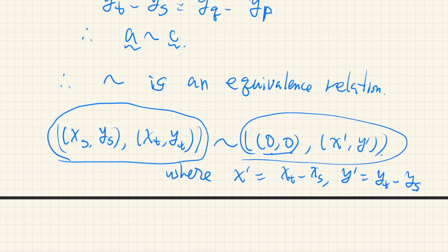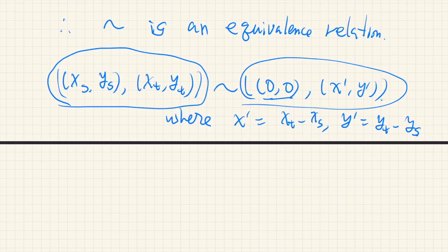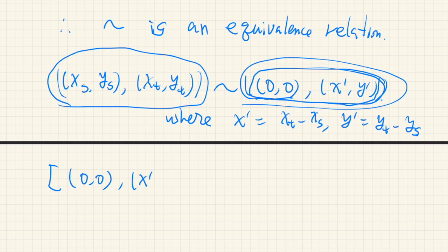Okay, so in this way, we can define an equivalence class of an arrow that is represented by this arrow, 0 0 and x prime and y prime. The equivalence class is the set of all arrows that are equivalent to this arrow.